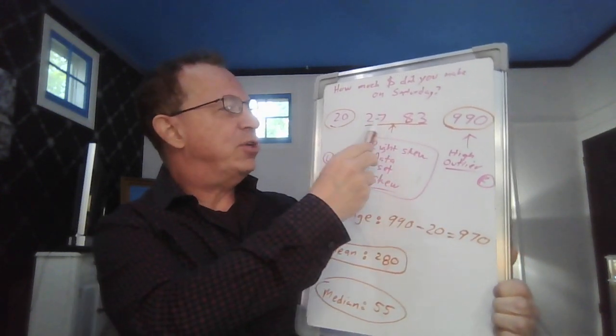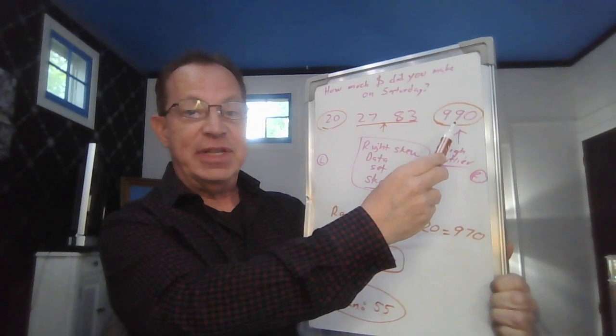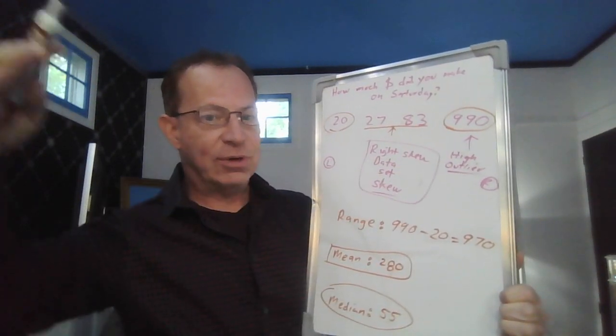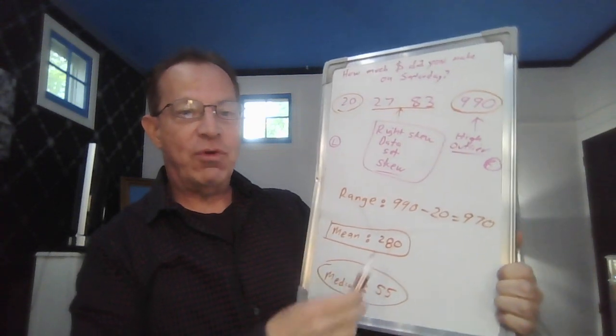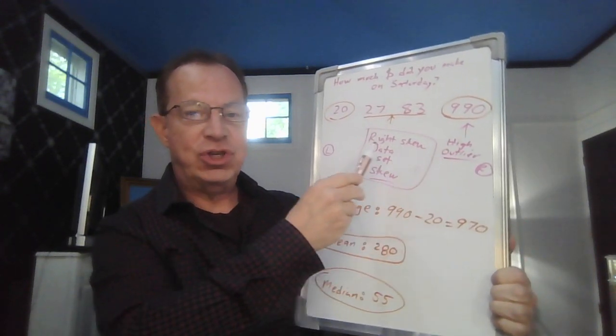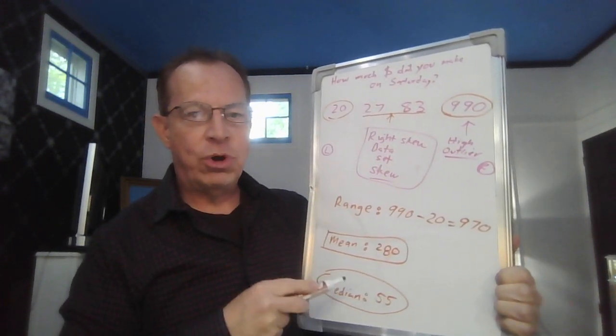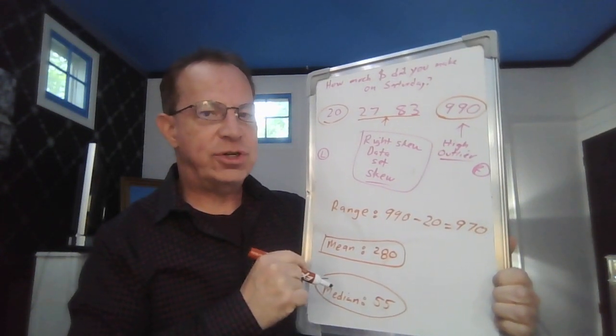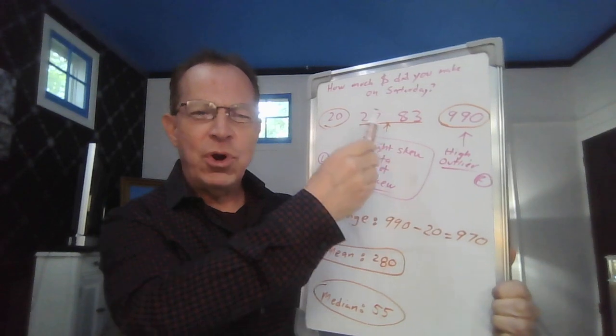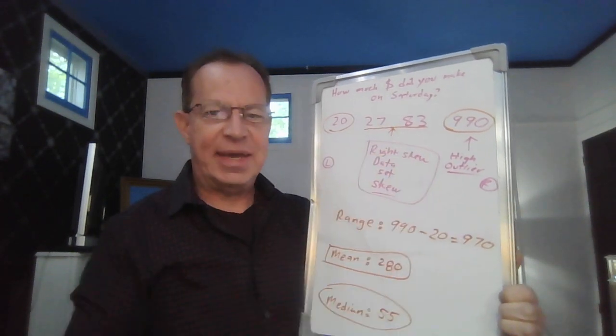But that wouldn't really be true for most people. In fact, even this person did way outside of that. The idea is that the median, when there is an outlier, when you have a skewed data set, is a more trustworthy arbiter of how much the average person might be making.